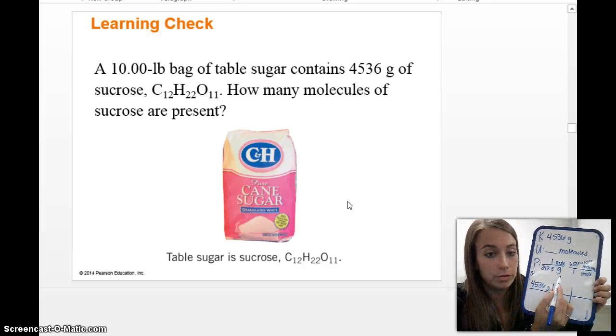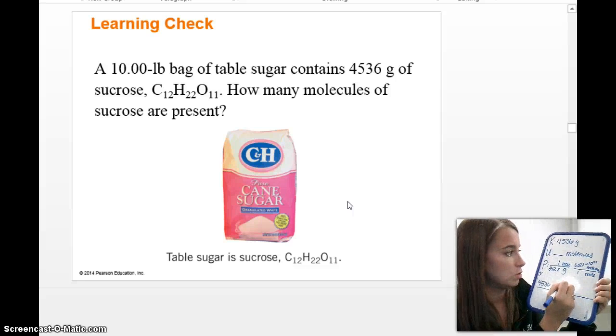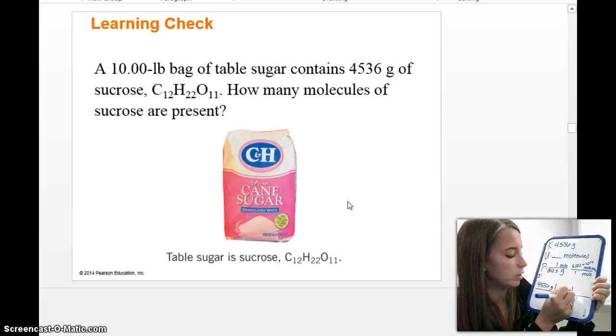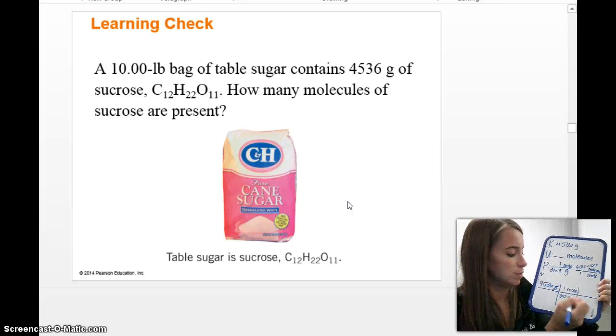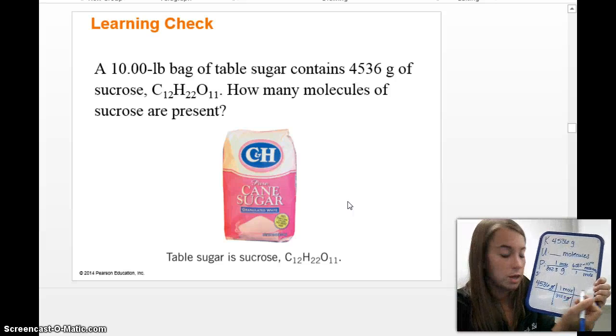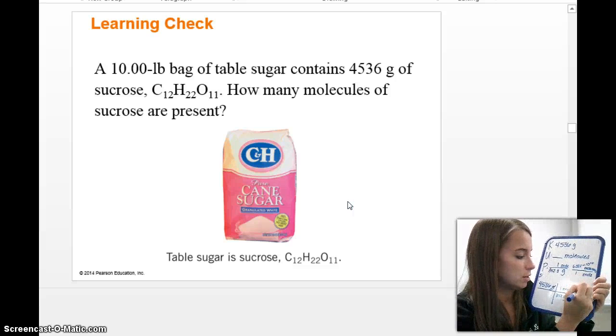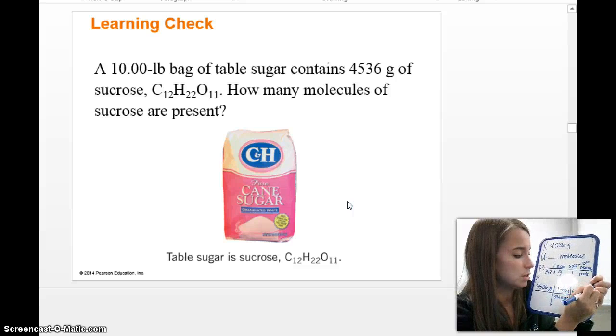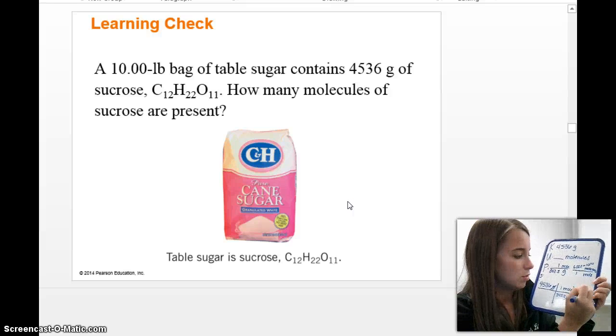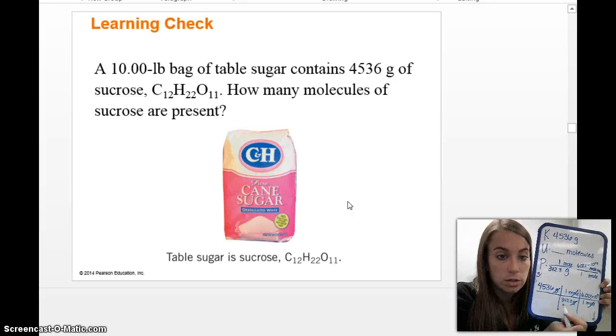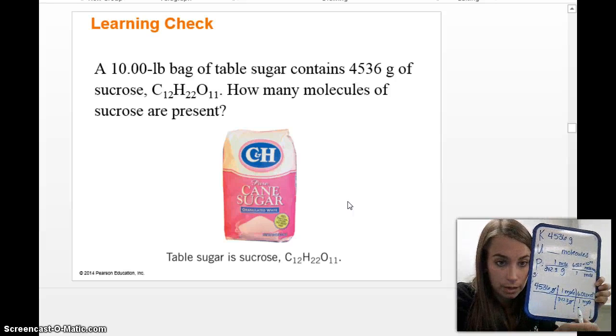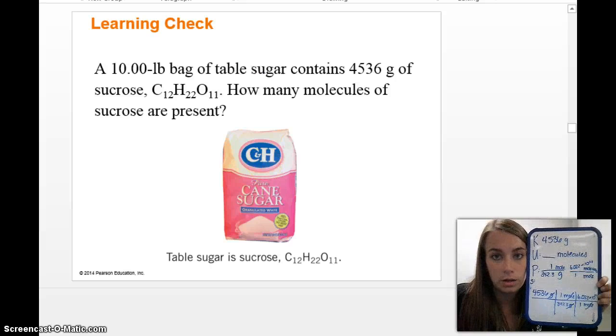Then I use that first conversion factor, 1 mole over 342.3 grams. Those grams will cancel and I'll be left with moles. Then I use the second conversion factor, 6.022 times 10 to the 23rd over 1 mole. The moles will cancel and I'll be left with molecules. Now I multiply the whole top and divide by the bottom. Let's do that in our calculators.